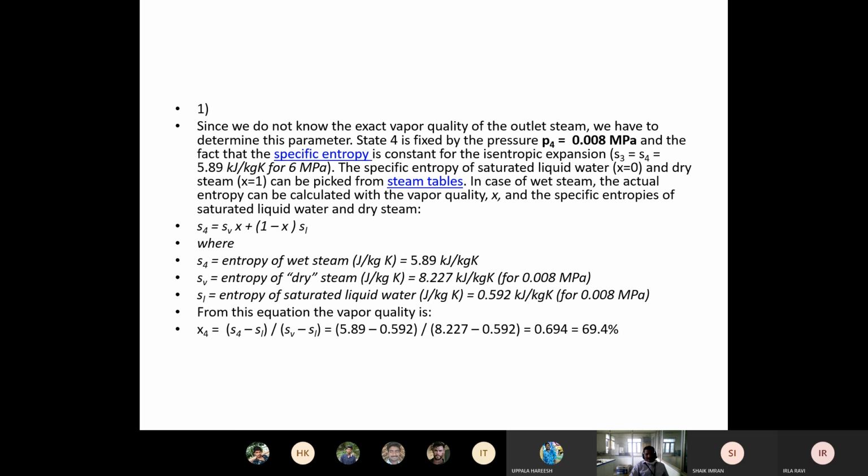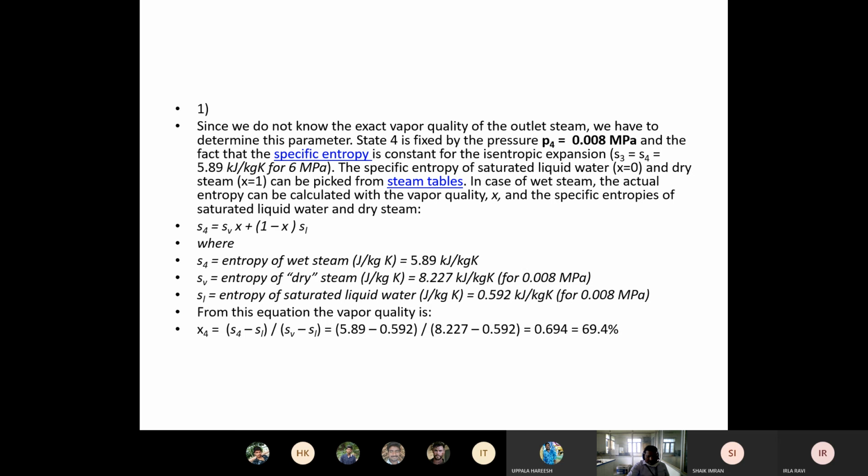S3 is equal to S4. S4 can also be calculated as Sf plus x into Sfg. Likewise, we can calculate. Because it is an isentropic expansion process, we can calculate S4 as Sg into x plus (1 minus x) into Sf.